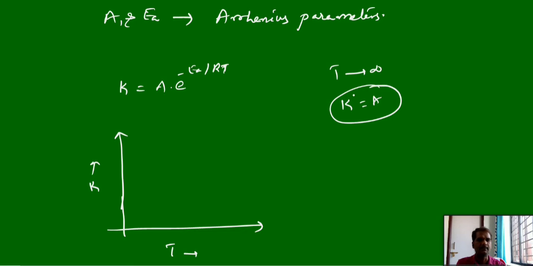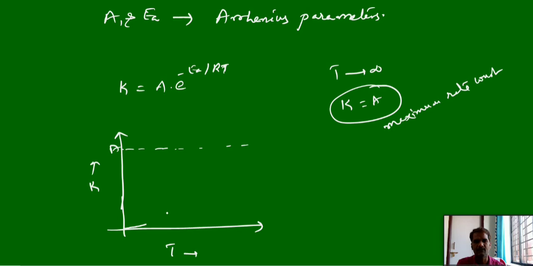So this is the maximum rate constant value, and the maximum rate constant value is A. When temperature reaches infinity, the rate constant reaches the Arrhenius factor, that is, the pre-exponential factor A. So the maximum value for K is A. Let us assume this is the maximum point for A. If you increase the temperature, the K value increases, but this is exponential, not a linear curve.